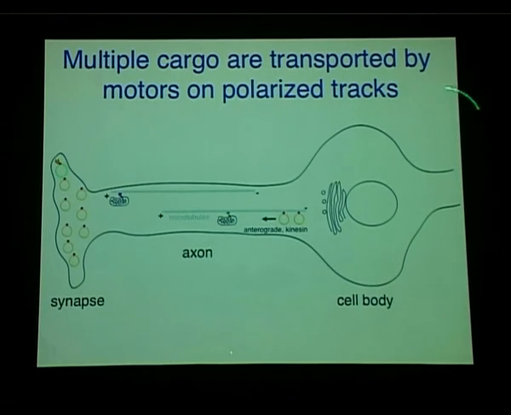For instance, in the anterograde direction, it's the kinesin family, which uses ATP and walks hand over hand towards the plus end of the microtubule using energy. In the retrograde direction, it is largely the dynein motor, which carries cargo away from the synapse so that you have very constant and good flow of material going in both directions, maintaining homeostasis at the synapse.